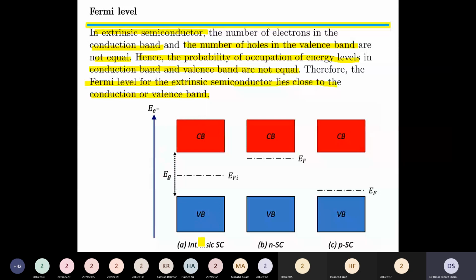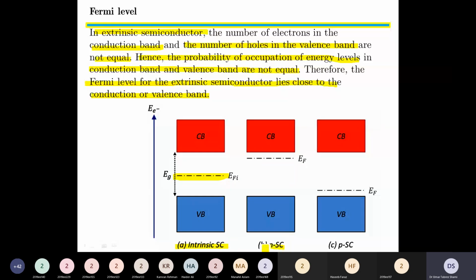ये डायग्राम को ज़रा गौर से देख लें कि we have three types of material. First we have intrinsic material जिसमें डोपिंग नहीं की हुई, तो उस केस में आपका जो फर्मी लेवल है that is in the middle.